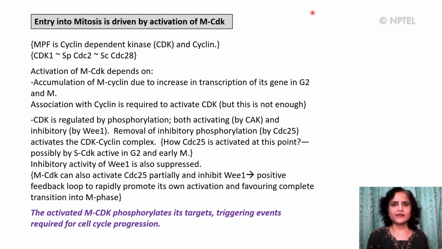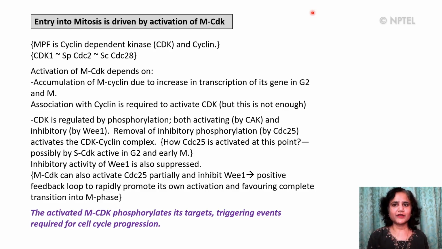So how CDC25 is activated at this exact moment is not very clearly understood, although it might possibly occur by S-CDK, which is active in G2 and also early M. In addition, the inhibitory activity of the Wee1 kinase is also suppressed.